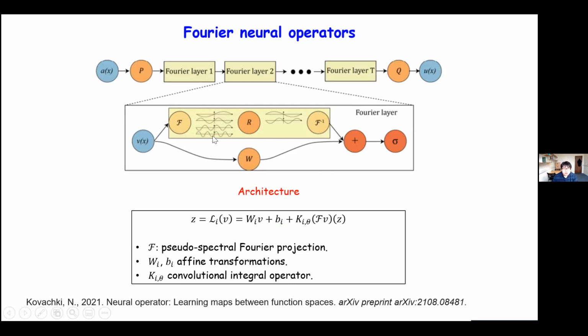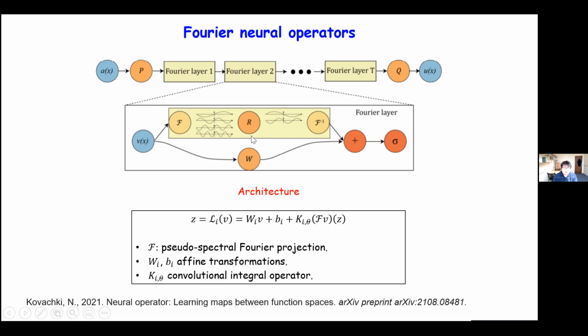Then we learn this kernel, the convolutional integral operator ki theta, through data. That forms the top layer, this Fourier transform layer.